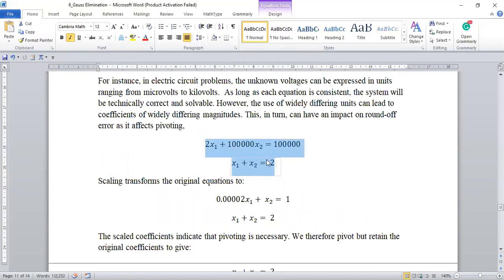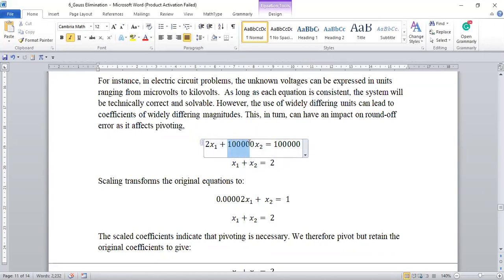If you are given this set of equations to solve, and you solve it normally this way, you're going to get some errors. I didn't solve it, but you can just try to solve it on your own. The reason is, look at the coefficients. You have 2 here, 1 here, 1 here, 2 here.